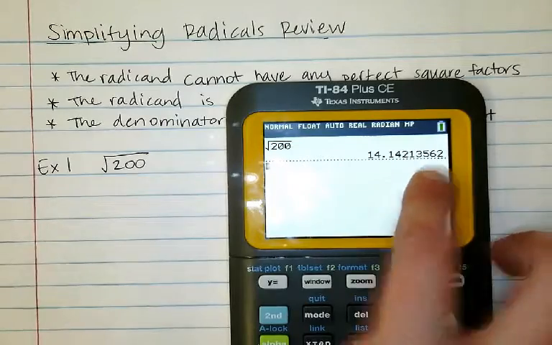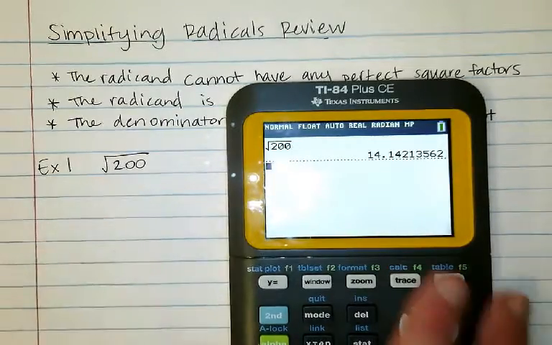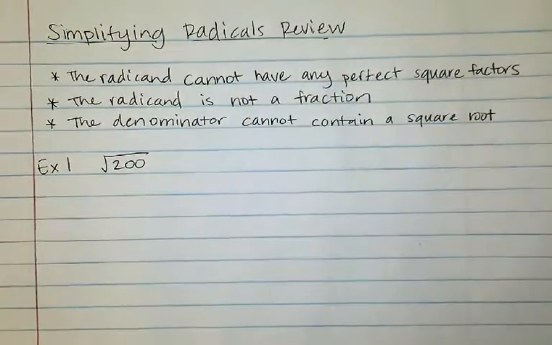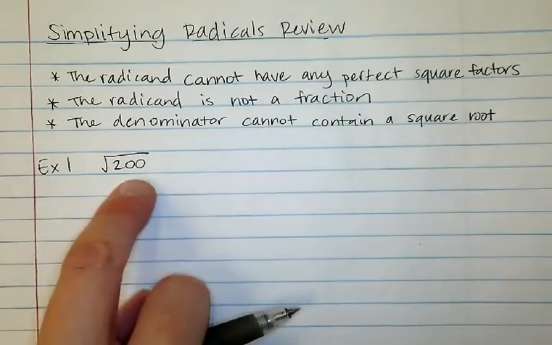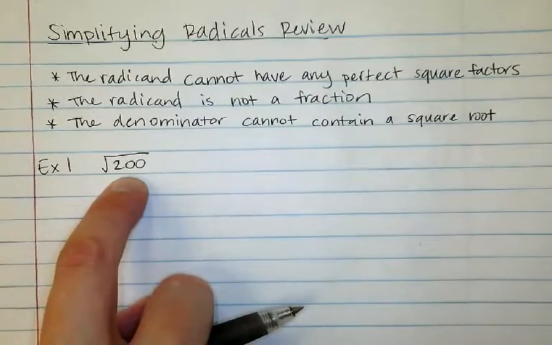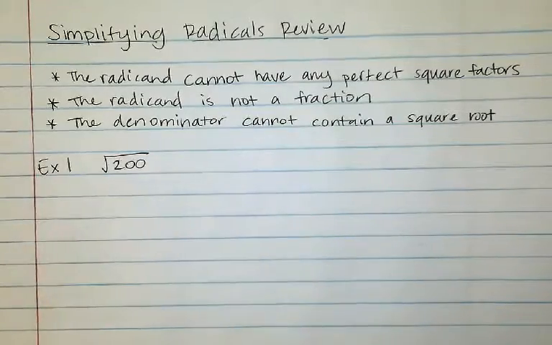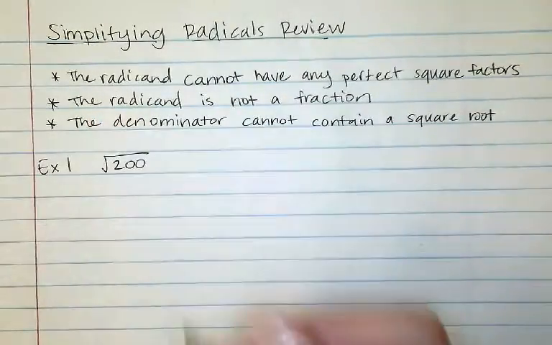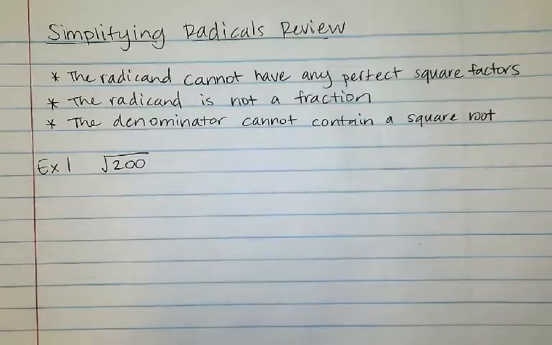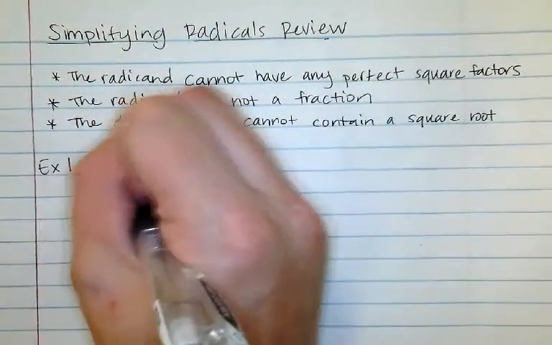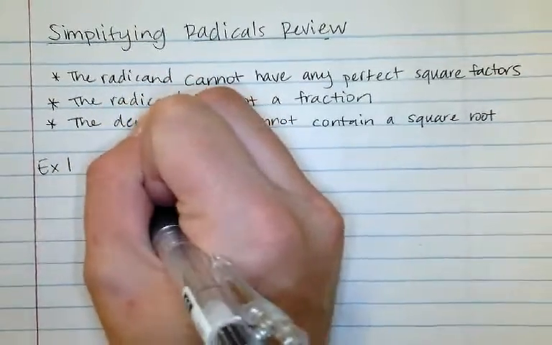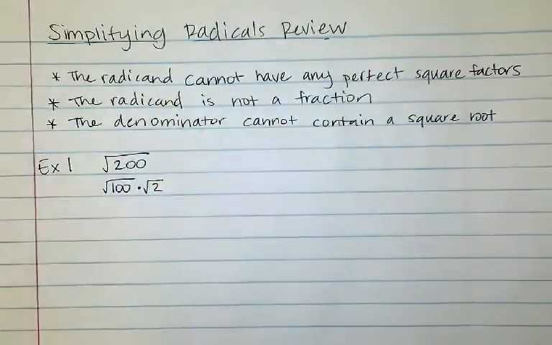But does it have any perfect square factors? Can we divide 200 by any of our perfect squares? Yeah, 100. It's also divisible by 25 and 4, but we want the largest perfect square factor. So we could rewrite this as the square root of 100 times the square root of 2.